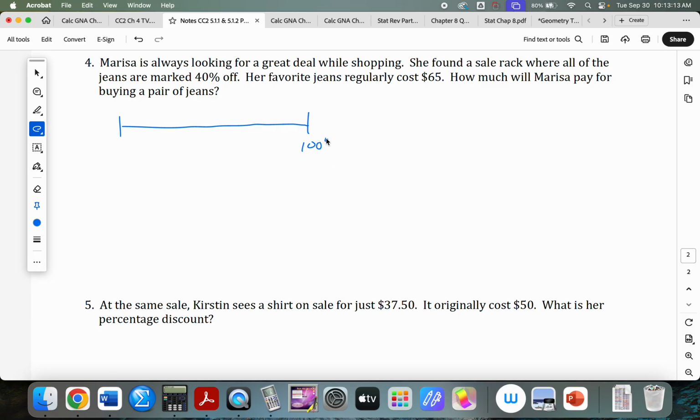So this will be 100%. Is the 40% a part or a whole? It's a part. And this is the amount off.